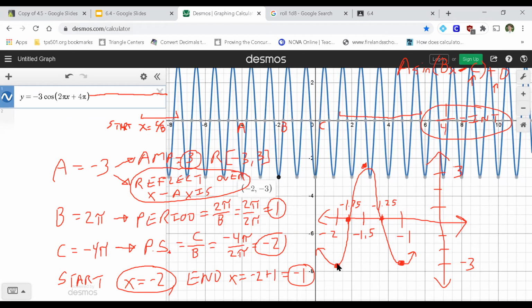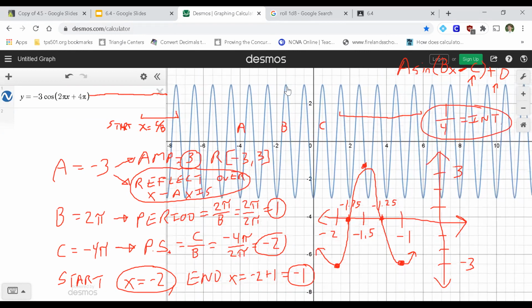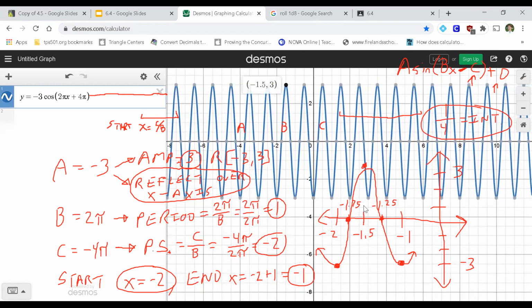We start at -3, that's right. Then at -1.75, we were at 0. And then at -1.5, we were at 3. And then at -1.25, we were back to 0. And then at -1, we were at -3.